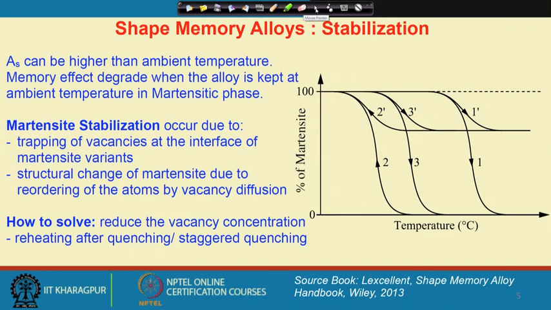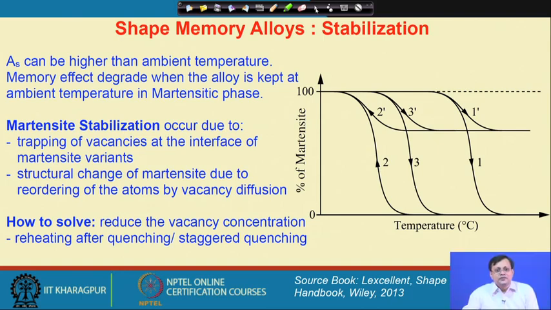Now, the second phenomenon after aging is basically the stabilization. What do we really mean by stabilization? Here we are talking about actually martensite stabilization, meaning that for some reason the martensite phase does not like to transform into austenite. This is a very interesting phenomenon.